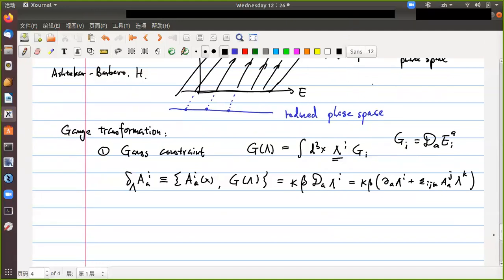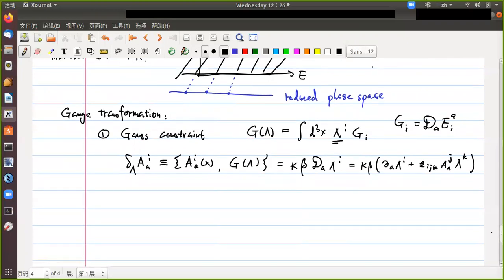Okay, so this is the gauge transformation for A. If you're familiar with gauge transformation for the gauge potential, you should be able to see that this is exactly the infinitesimal version of the gauge transformation for a gauge potential. I'm going to write down something more familiar for you, which is the finite gauge transformation for A, but you should relate them.